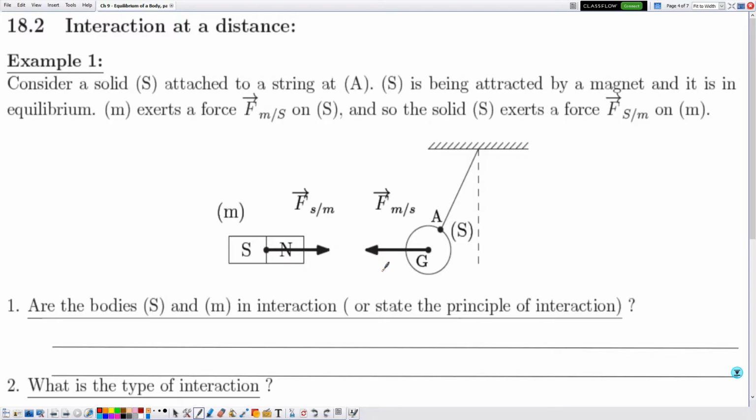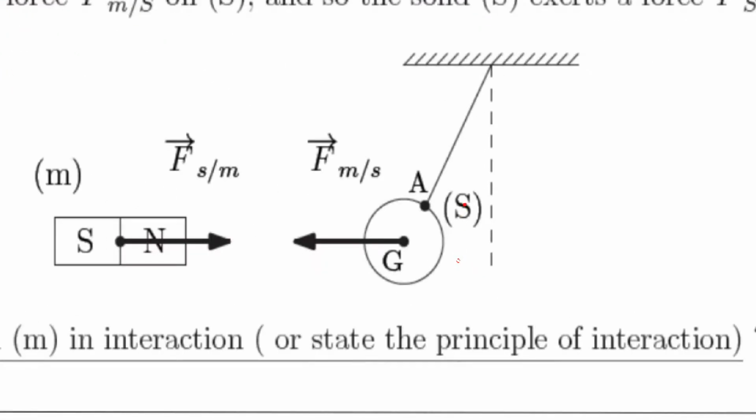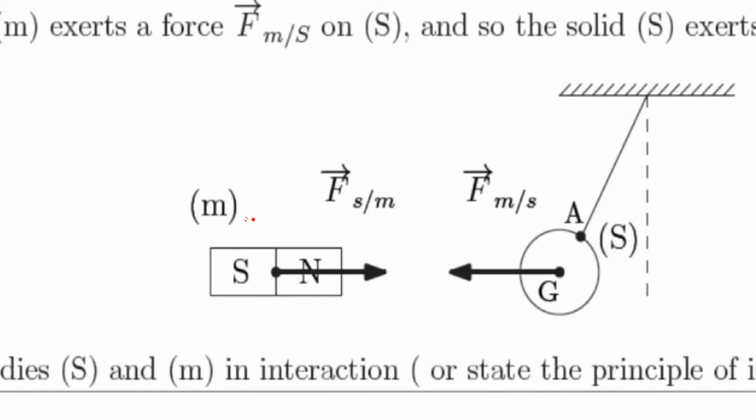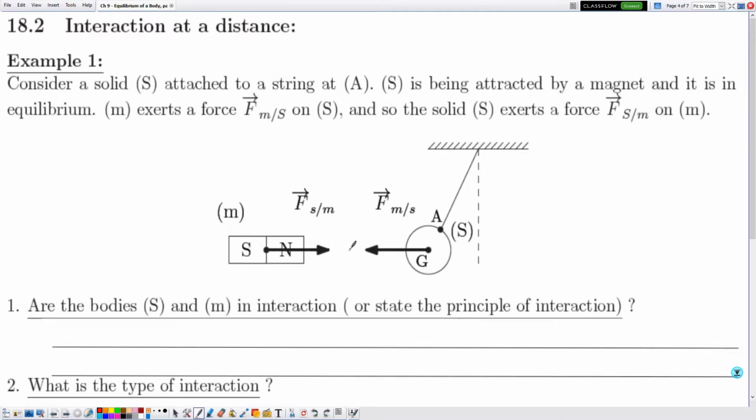So here, before I start reading example 1 of section 18.2, here we have two bodies. They are the solid S and the magnet. Then the force exerted by, let me start with the magnet on the solid S. Notice that the magnet is pulling the solid toward the left.